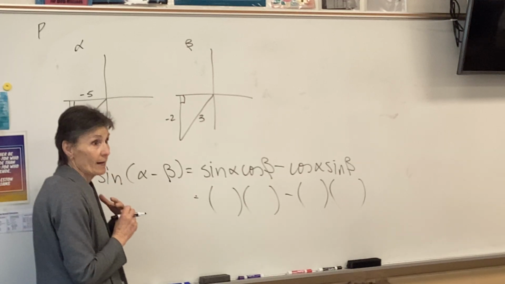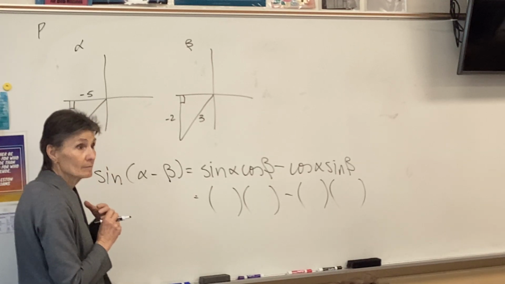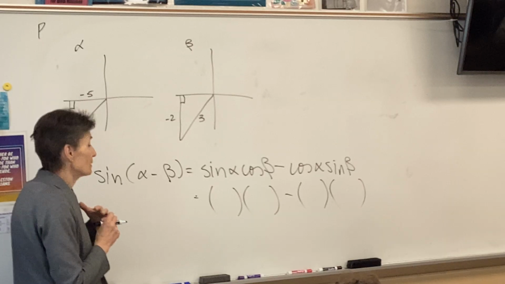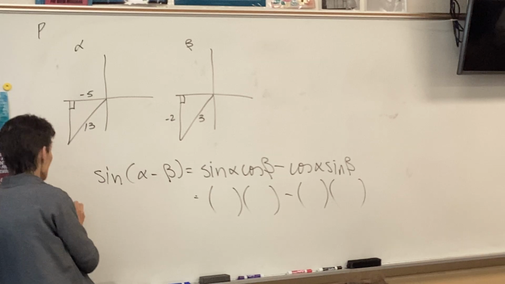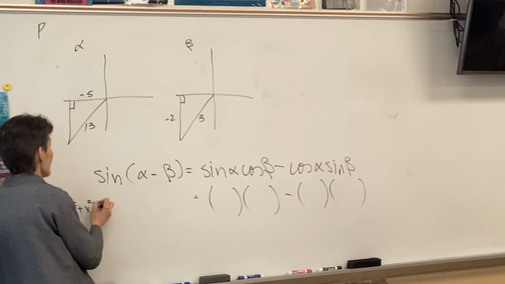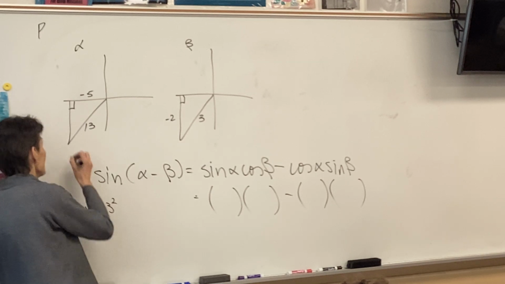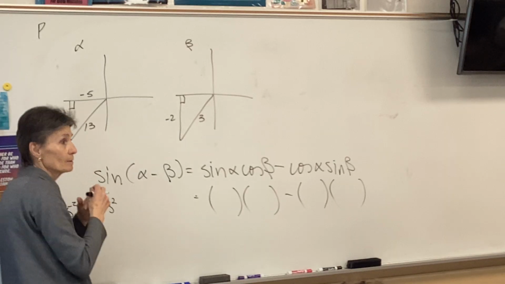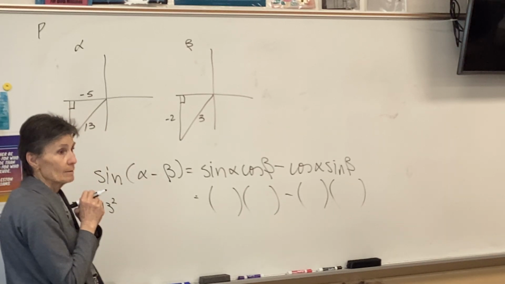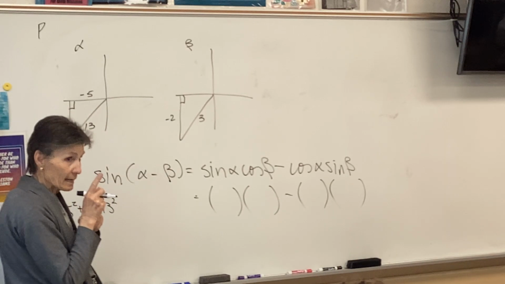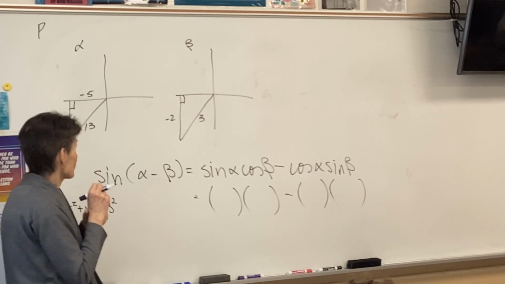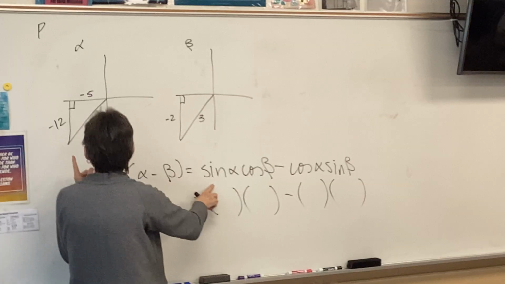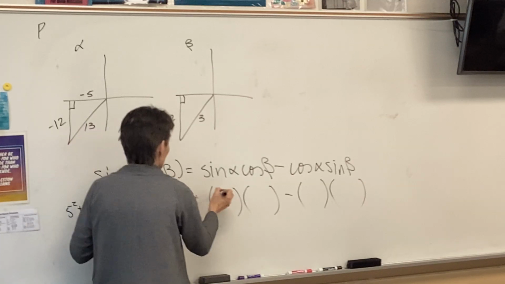Find the third side, and how will I do that? Pythagorean. So this one's going to work out nicely. 5 squared plus x squared is 13 squared. So I think this is negative 12. Make sure you mark it negative. Remember what quadrant you're in, right? So now I know the sine of alpha is negative 12/13.